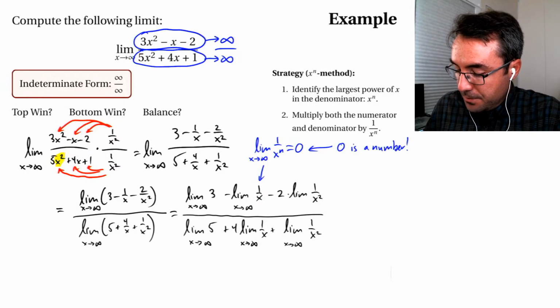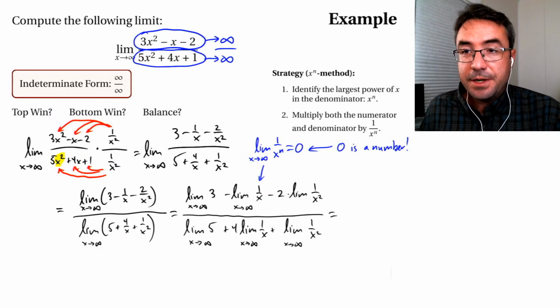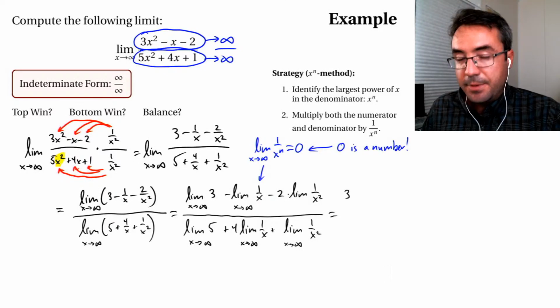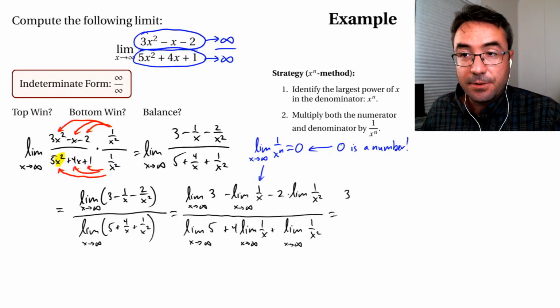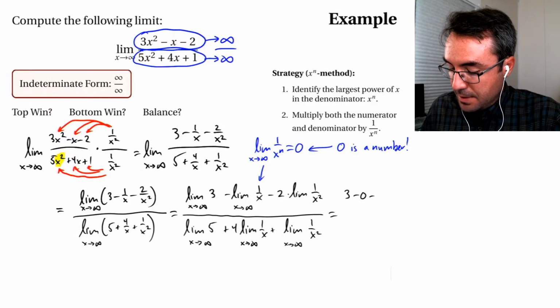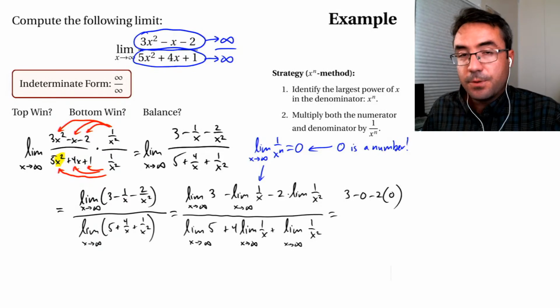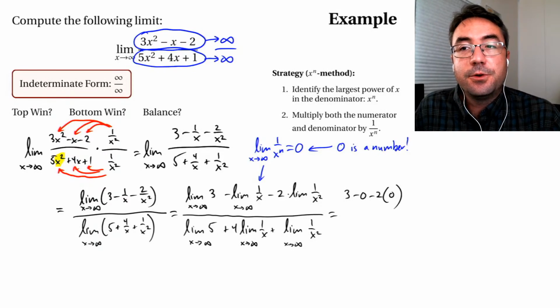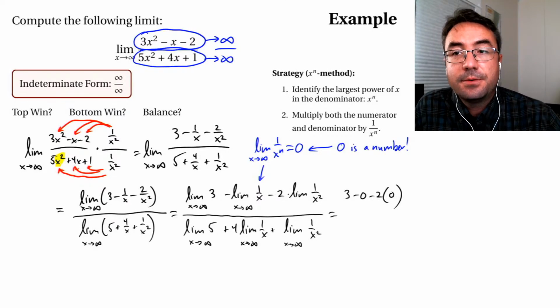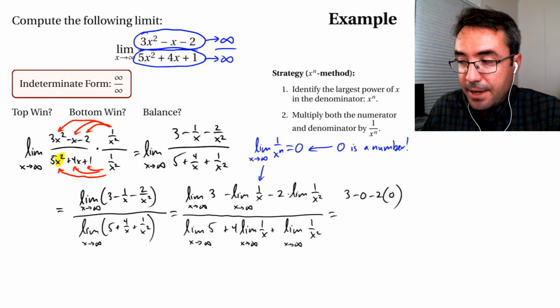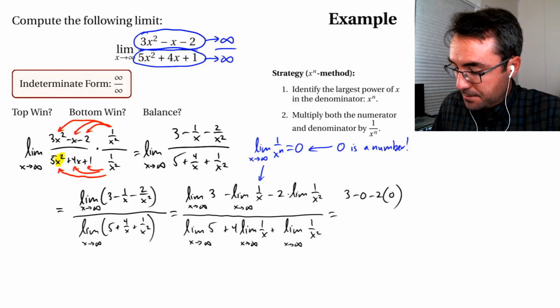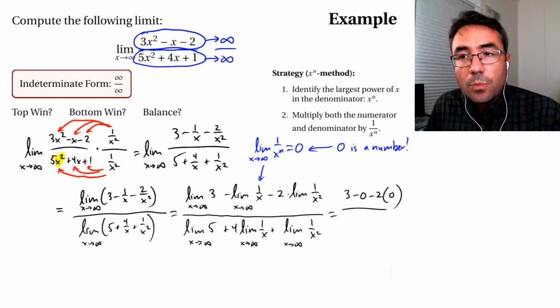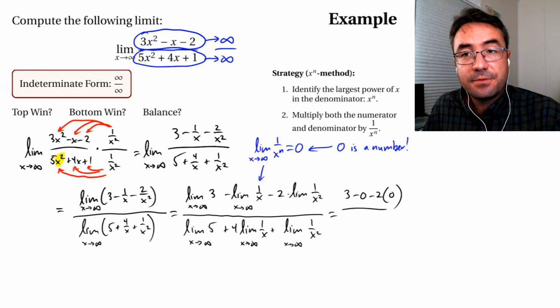So when we do this, the limit of 3 is 3. The limit of 1 over x is 0. The limit of 1 over x squared is 0. So in the numerator, we get 3 minus 0 minus 2 times 0. And then in the denominator, the limit of 5 is just 5.